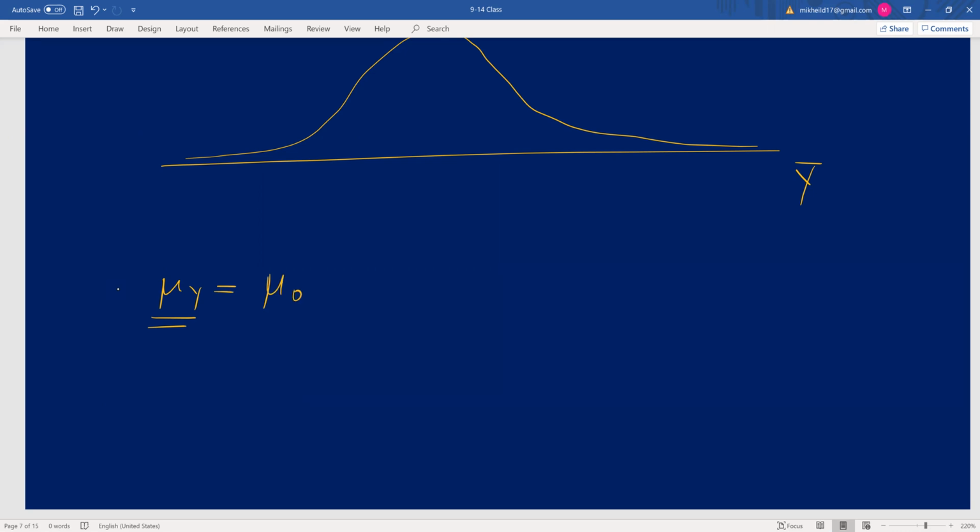So then we have hypothesis H null that mu of y is mu 0. If you hypothesize something, you also have to specify the alternative. The alternative is that mu of y is not mu 0, because mu 0 is whatever you are thinking mu y is, but mu y can be a different number. Of course, we have examples on that. I will solve examples next Wednesday, but now I'm just giving you ideas about this.